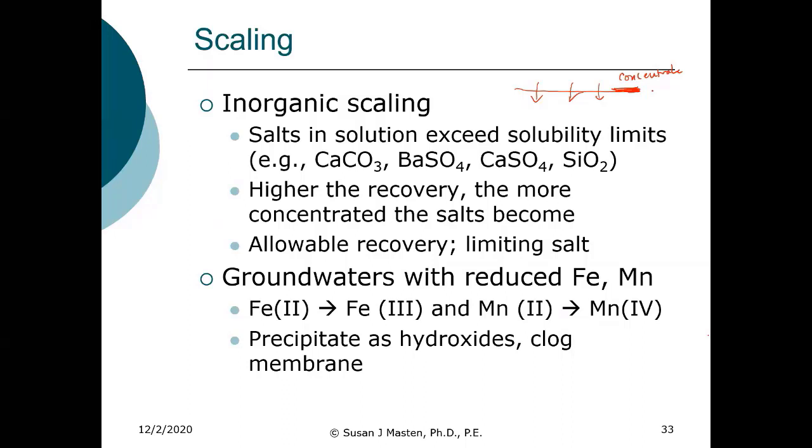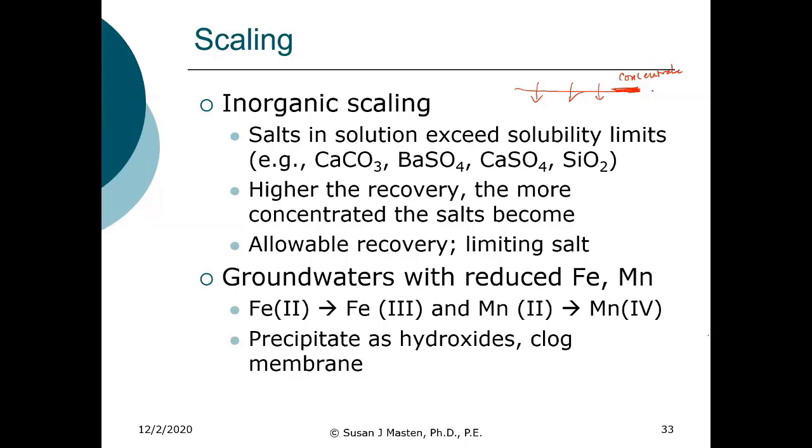So it's scaling like we've talked about before, but in this case, it's scaling on the membrane surface. That can be very, very difficult to remove. It often requires extensive cleaning to remove that scaling layer. You can also have precipitation.